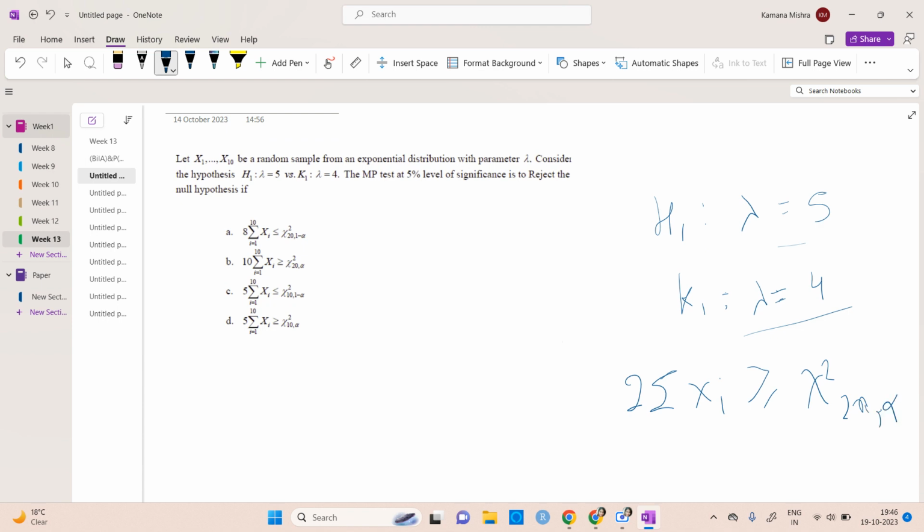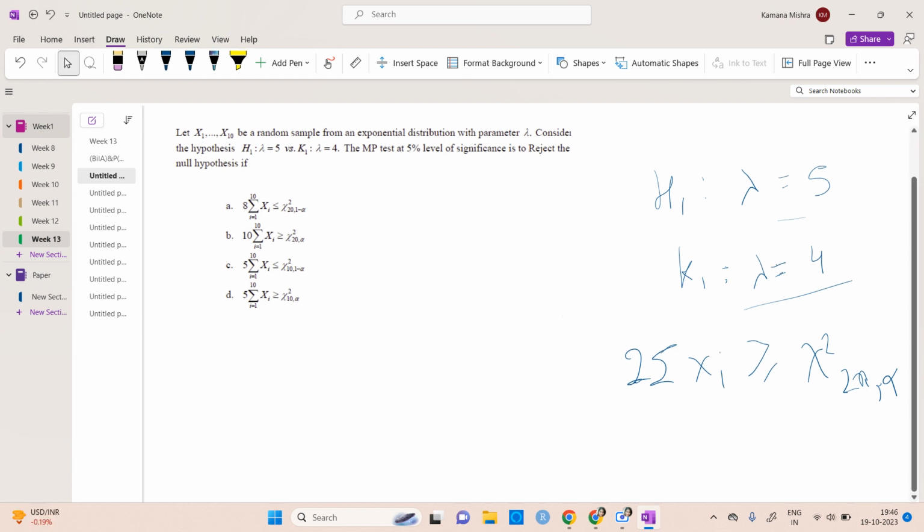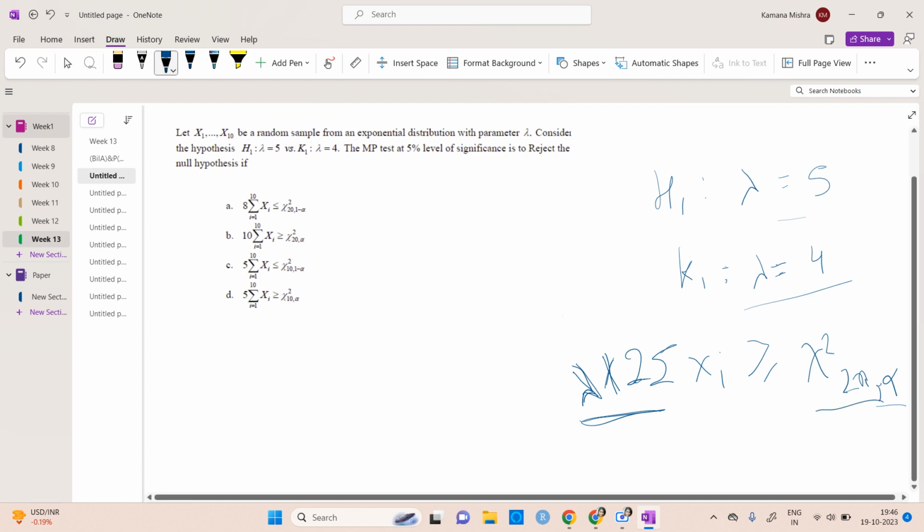So we will have 2 into this lambda, 2 lambda summation xi, so it is 10 summation xi greater than or equal to chi square, and the sample size is 10, so 20 comma alpha. So this is the answer here.